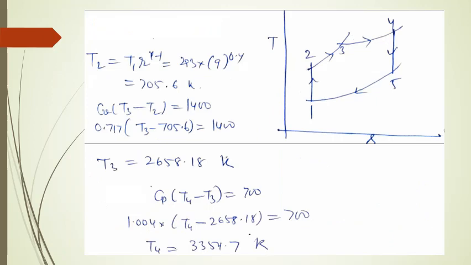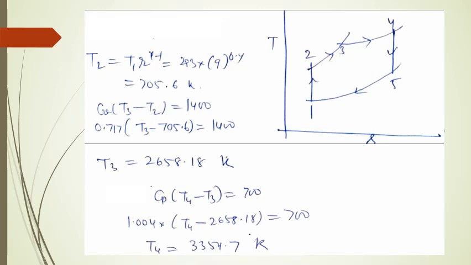We have drawn the TS diagram. 1 to 2 is reversible adiabatic compression, that is isentropic, so it is shown by the vertical line on the TS diagram. Now 2 to 3 is heat addition at constant volume, and 3 to 4 is heat addition at constant pressure.